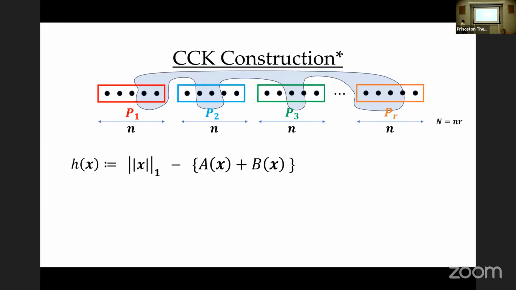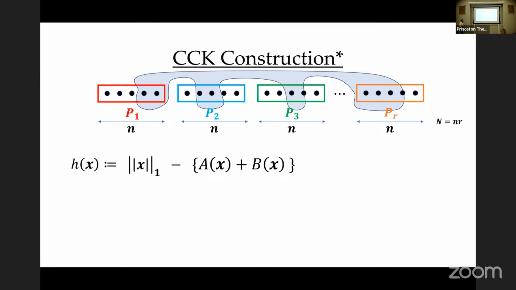Let me show you how this is done. Again, this is a partition, this is a signature. So H of X is simply the number of elements in X minus a function. I've written it as a sum of two functions, A of X plus B of X, for a reason which hopefully will be clear.